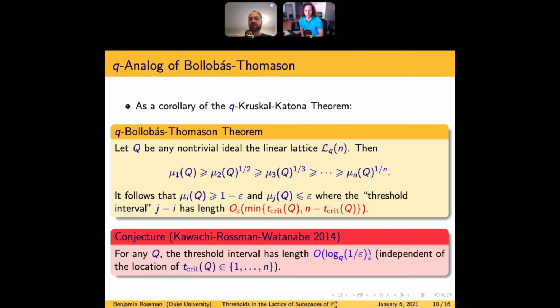In other words, over a constant number of steps for any epsilon, you transition from 1 minus epsilon to epsilon. Really what this is saying is that the threshold behavior scales like the Boolean lattice over q to the n elements.